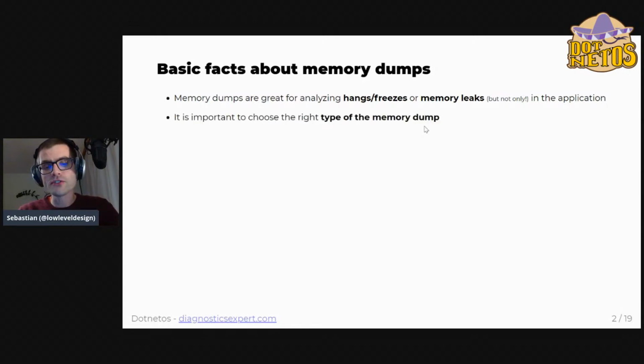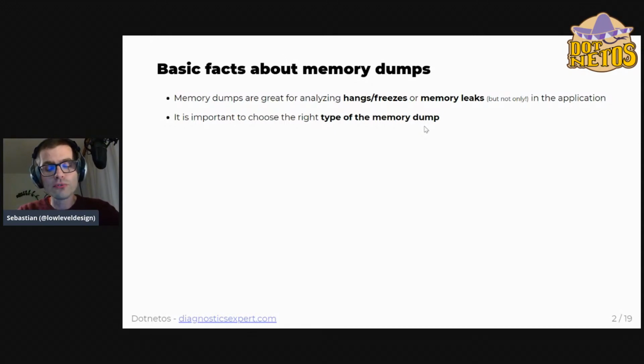And if you are interested, in the last webinar, I think we had an example of a frozen application. And in the course, there is one module dedicated to freezes, and memory dumps are used a lot in various lessons of the course, because that's one of the basic ways we can diagnose applications.